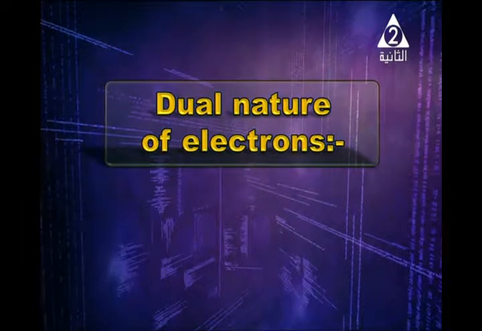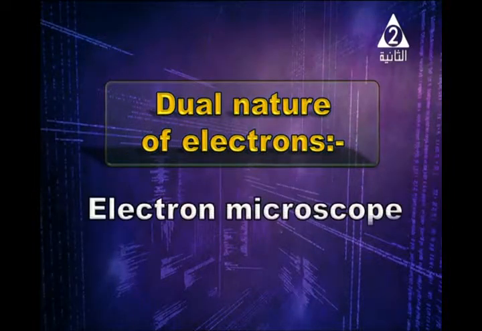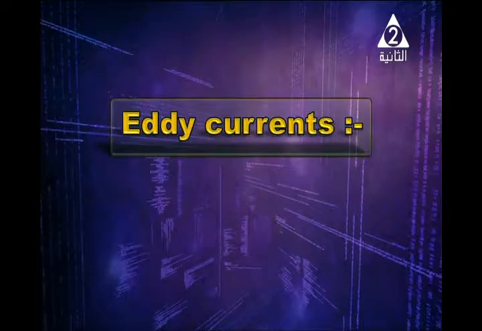Application of the dual nature of electrons is the electron microscope. The electron microscope is based on the dual nature of electrons. Electrons can behave as particles and waves. Application of eddy currents is induction furnaces.